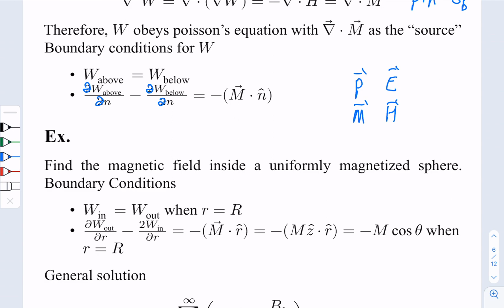If you remember, when we studied uniformly polarized materials, we also studied the same problem using the scalar potential V. So here we are simply doing the same thing, but in terms of W now.